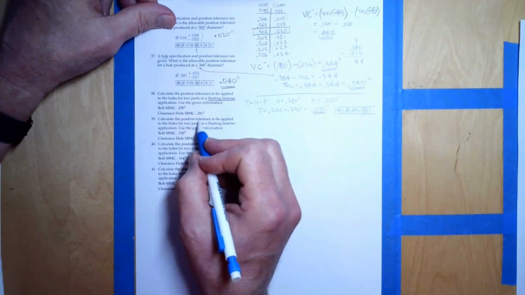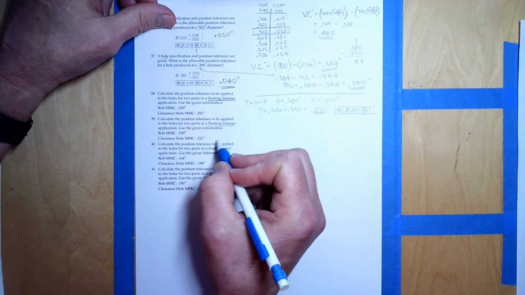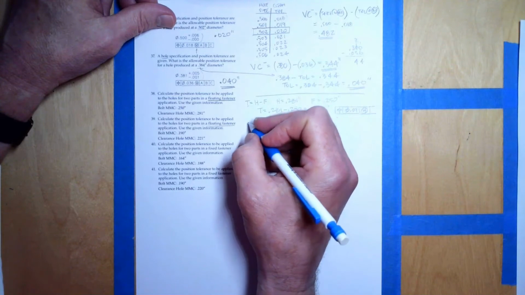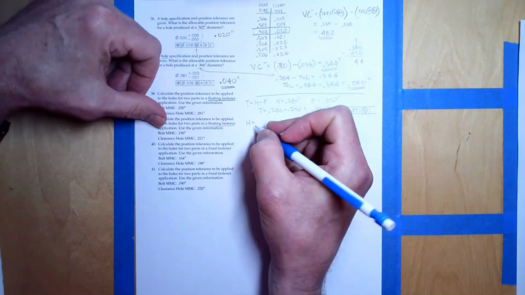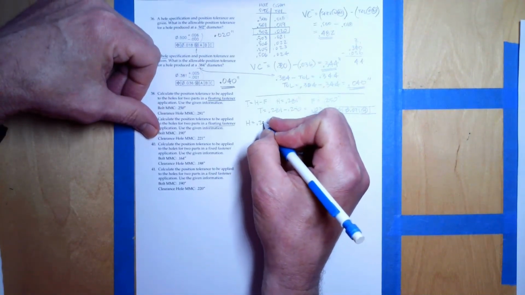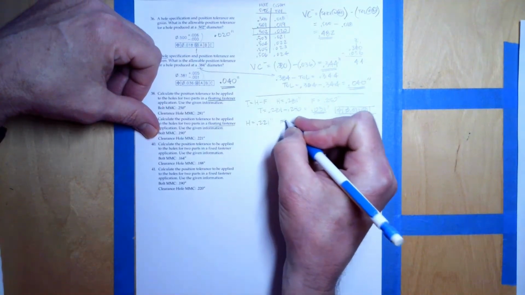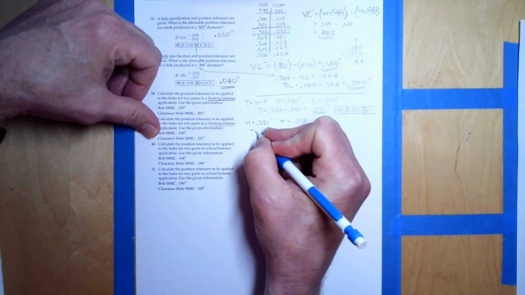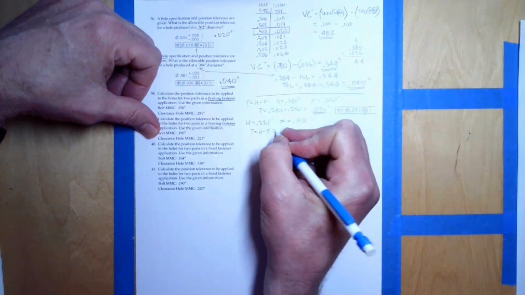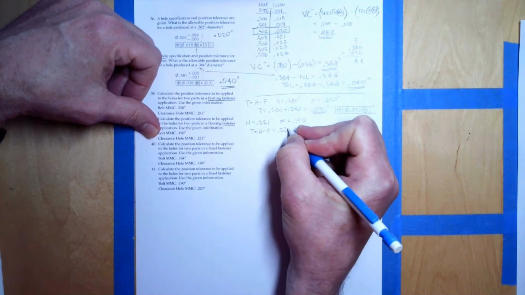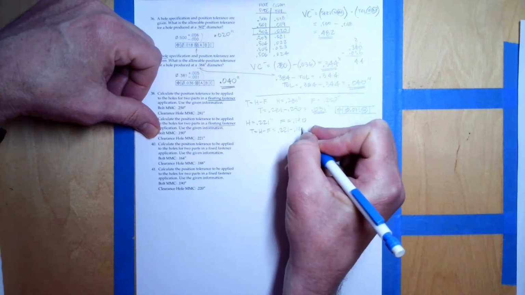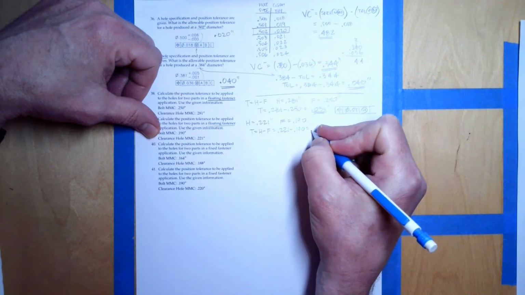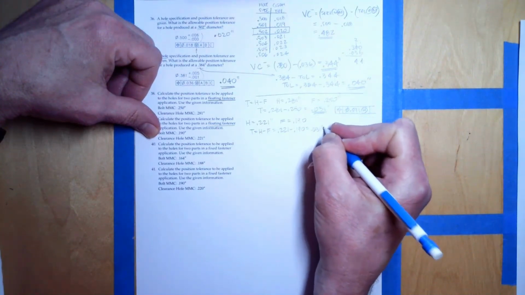This is, again, calculate positional tolerance for 2 parts with a floating fastener. Same idea. In this case, H is equal to 0.221. F is equal to 0.190. So T equals H minus F equals 0.221 minus 0.190 equals 0.031 again.